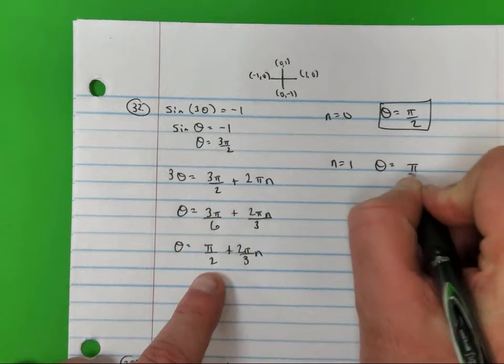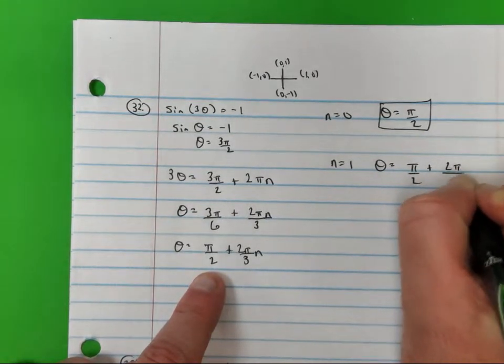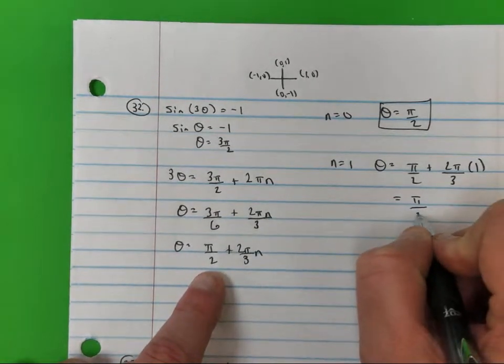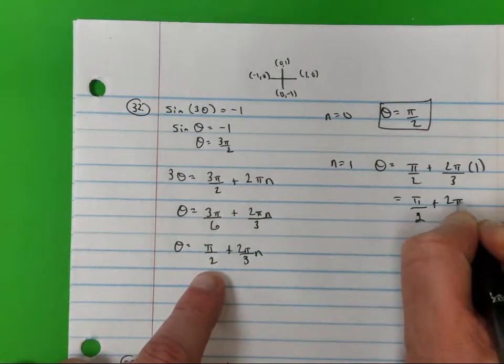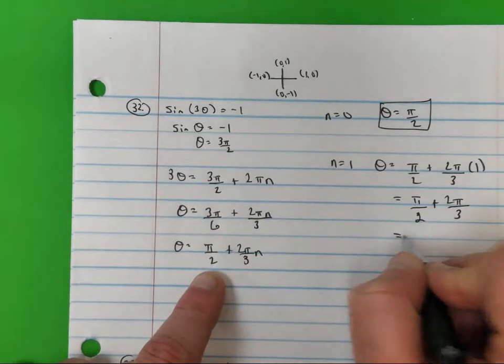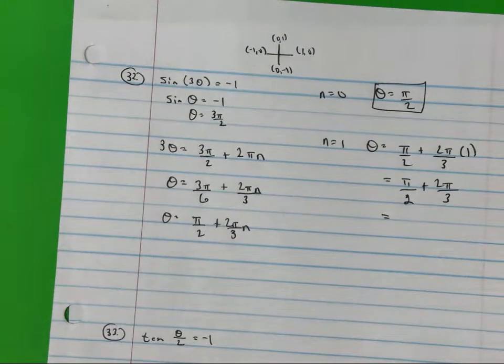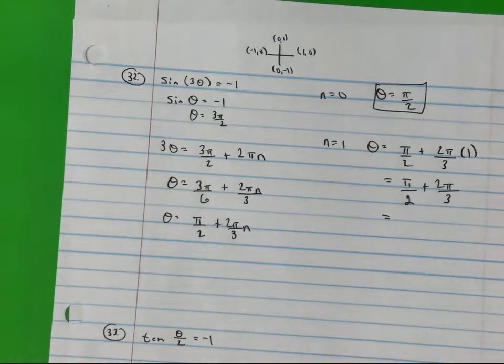Theta equals pi over 2 plus 2 pi over 3 times 1. Well, that would give me pi over 2 plus 2 pi over 3. You could plug that in the calculator, 1/2 and 2 pi over 3.